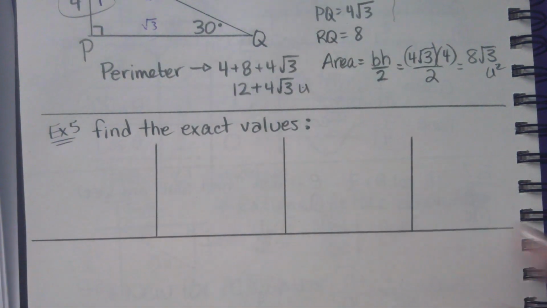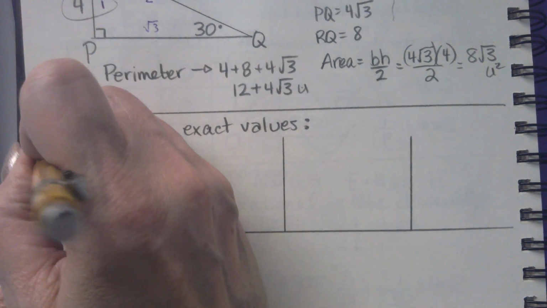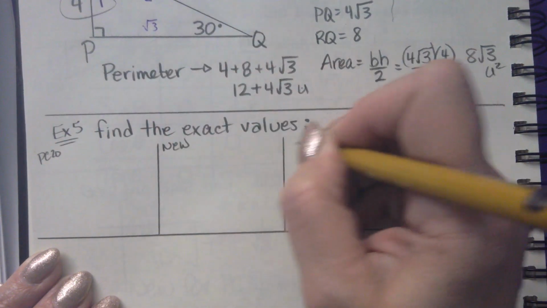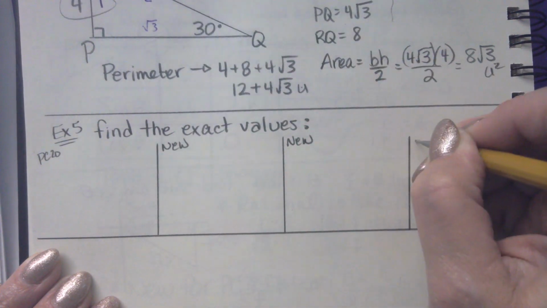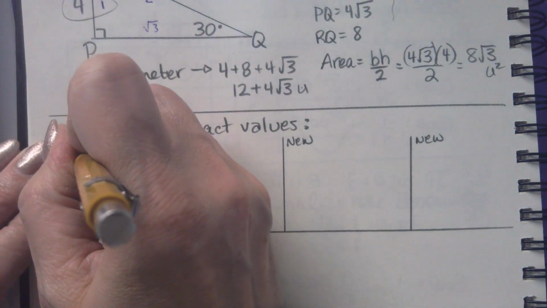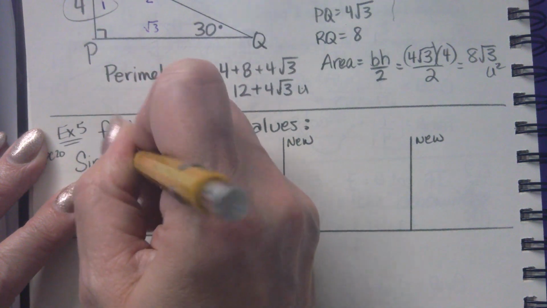I'm just putting 4 questions. So this is the PC 21, and then these are the new ones. New, new, and new. So the old one would be like something if I said sine 150 degrees.